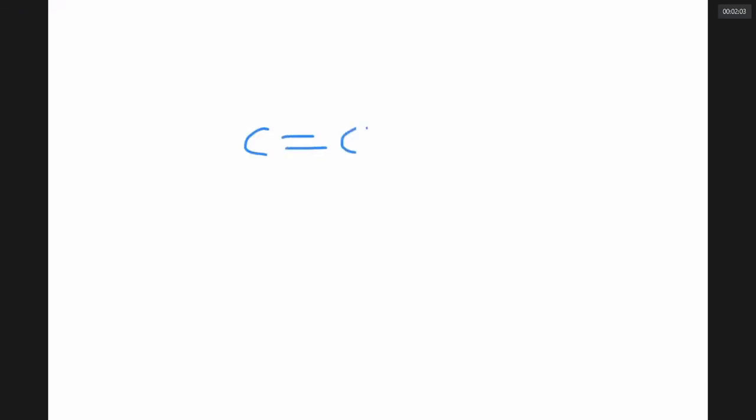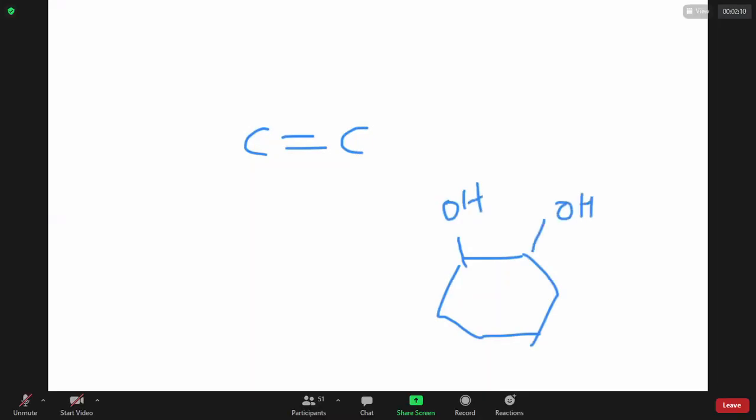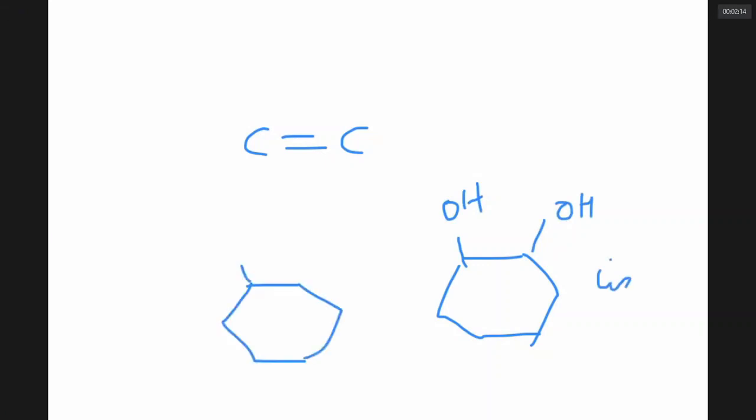In unsaturated systems, if there is a C double bond C, or if there is a ring, when the two carbons are linked to two OH groups, you have two possibilities, cis or trans.